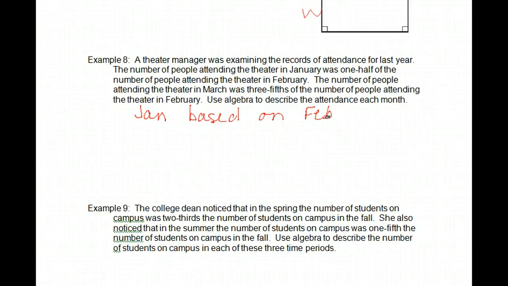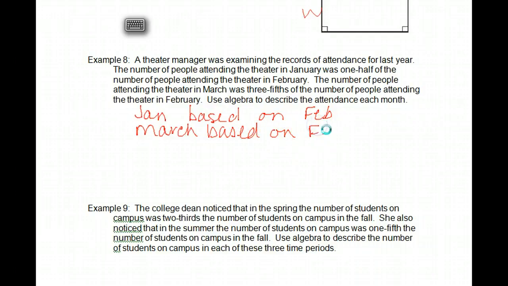The number of people attending the theater in March was 3/5 of the number of people attending the theater in February. That sentence told us that March was based off of the number of people in February.